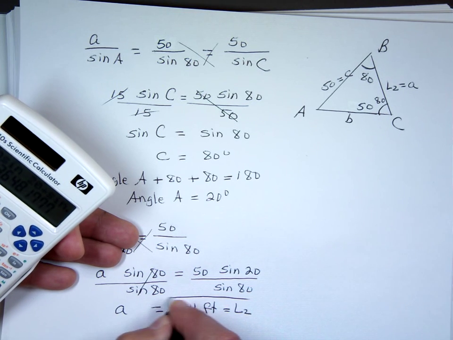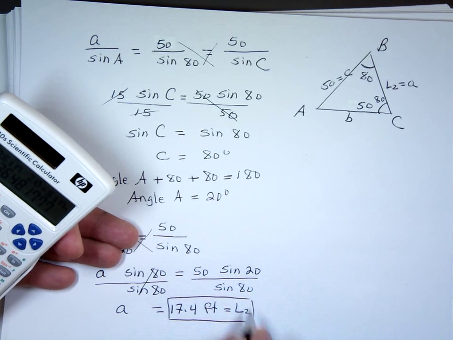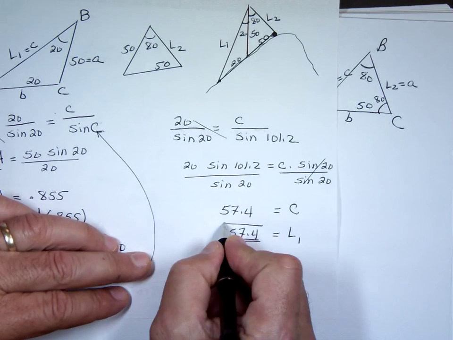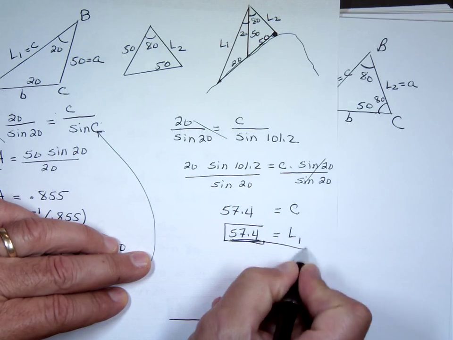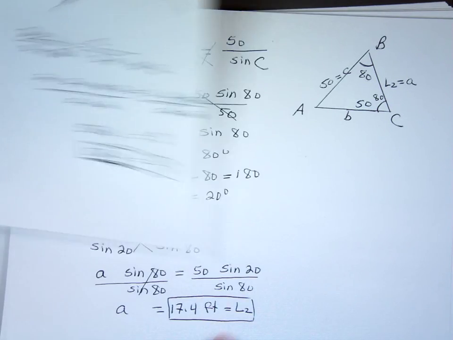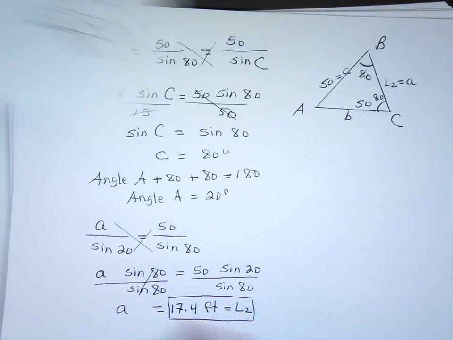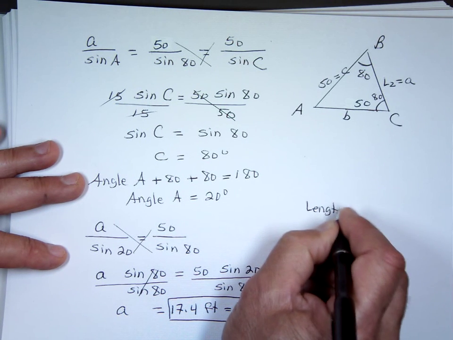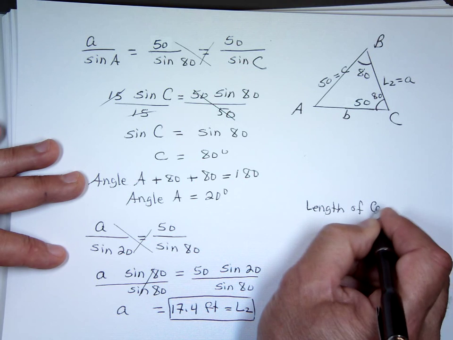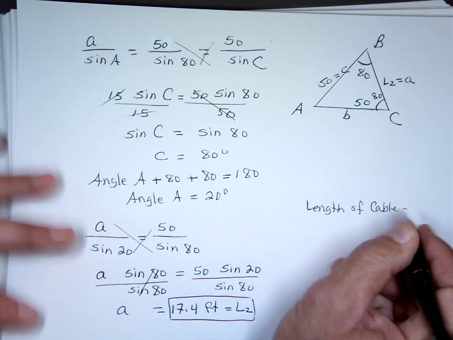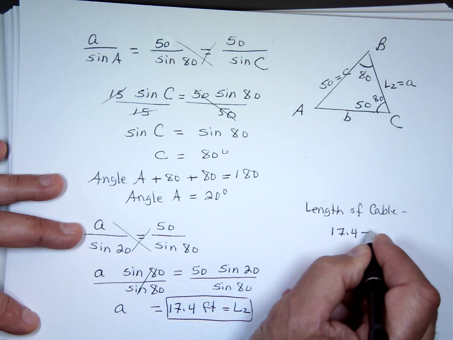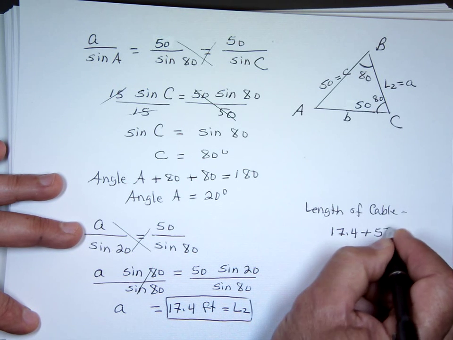So the first cable was 57.4, and the second cable is 17.4. What's the length of the cable? It should equal 17.4 plus 57.4.